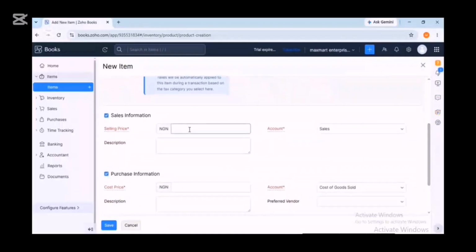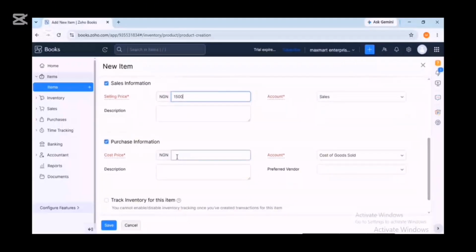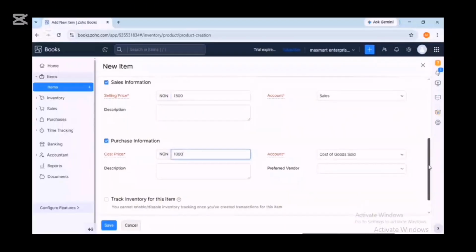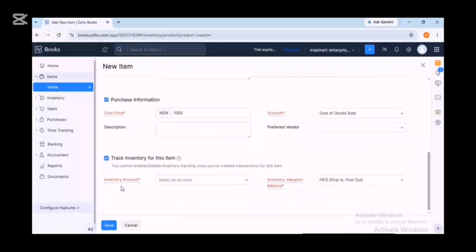Let's input the selling price because it's an automated system. So our selling price for the cement is 1,500. That's the selling account. So next up, the cost price 1,000 for the sake of the training. Then we need to be tracking to know how many is left. So we select track inventory. So let's save up.